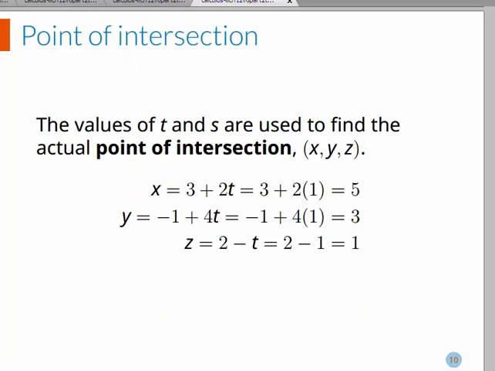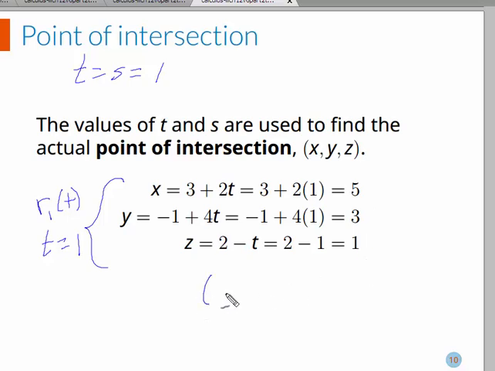To find the coordinates for that point, remember T and S were both 1. You go back to the original equation and find the X, Y, and Z for R1 or for R2. Here are the X, Y, and Z for the first line. I substitute T equals 1 into that equation, and I get 5, 3, 1 for the X, Y, and Z coordinates.